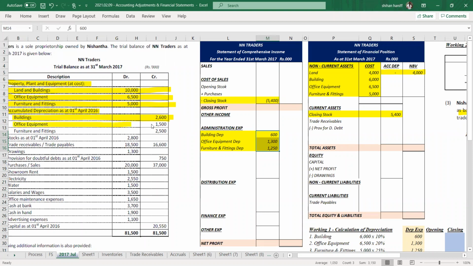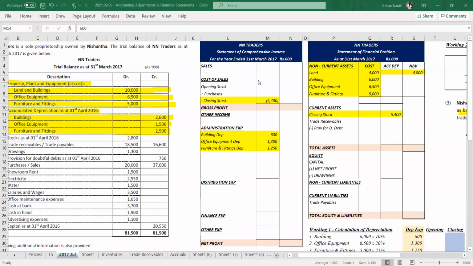Building is 2,600, equipment 1,500, furniture 2,500. So these are previous old depreciation. And to calculate the closing, you have to add opening plus current year depreciation.